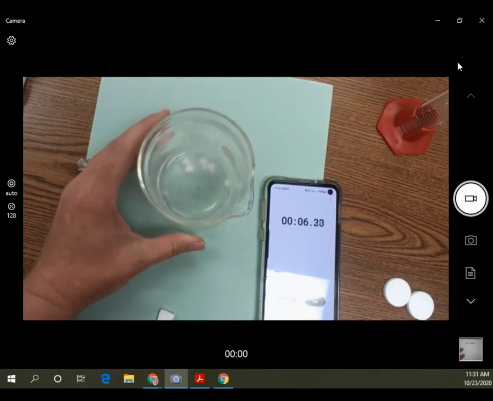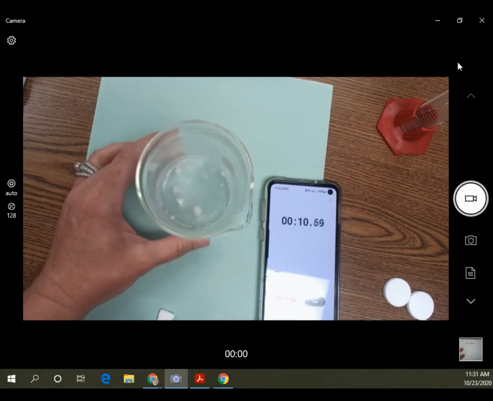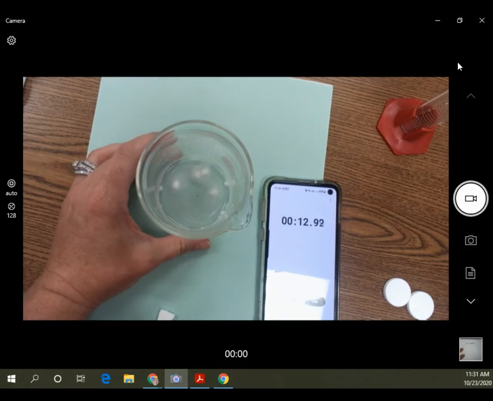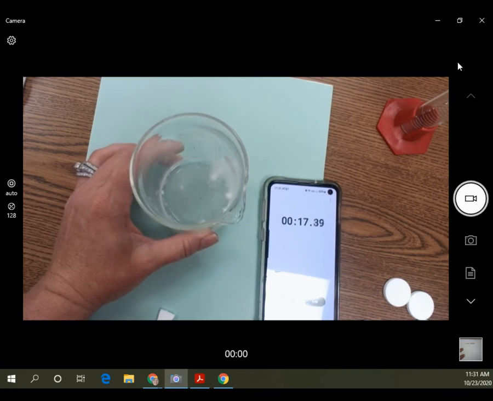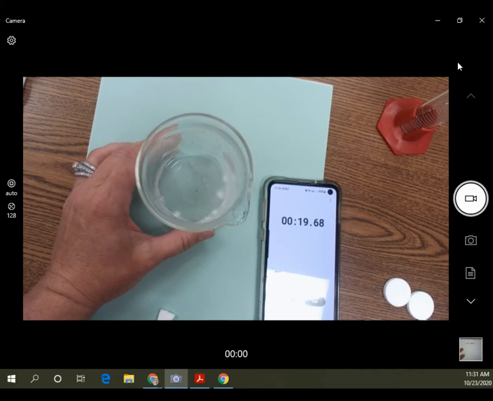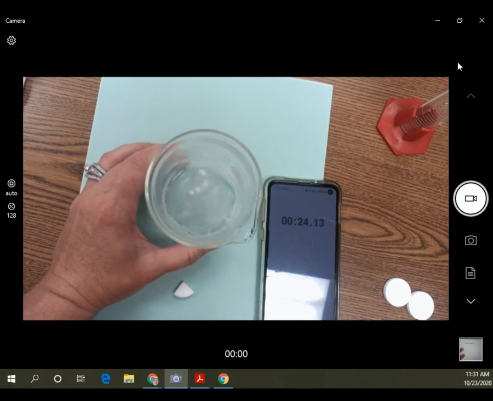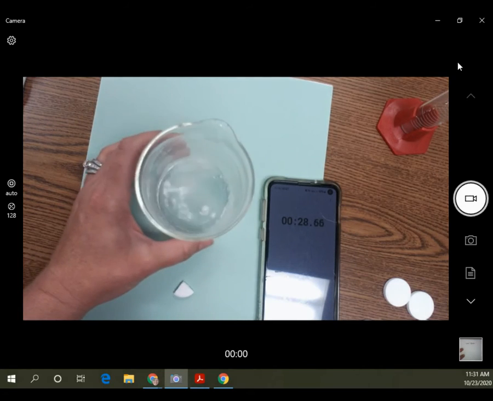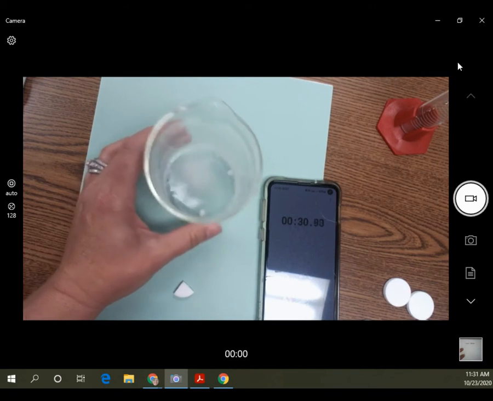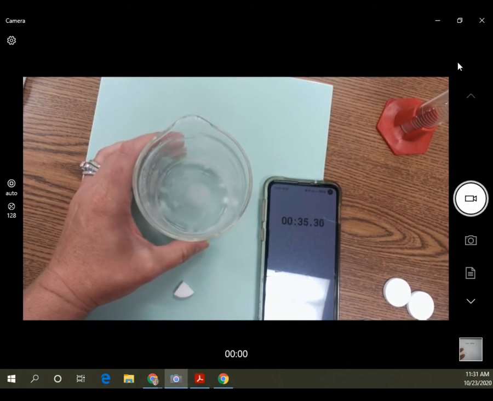So yeah, it seems like there's a lot more bubbles in there to me. We had a lot more surface area because we broke that apart. So in between the pieces, we had even more surface area where the reaction is taking place. So yeah, it's a lot faster. Almost.